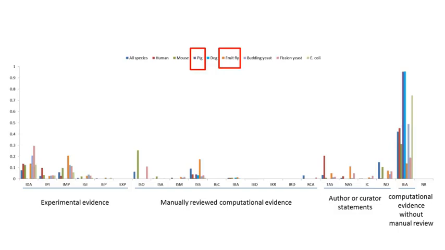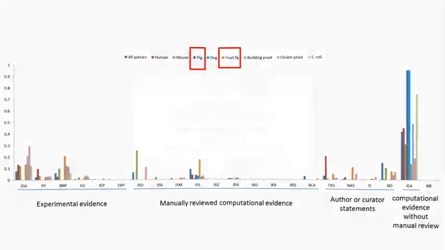By contrast, for genes in the pig genome, 90% of the annotations were based on computational evidence without manual review. Annotations in the KEGG pathway database are done in similar fashion, with a combination of manual curation and automated analysis based on a combination of experimental evidence and computational predictions.